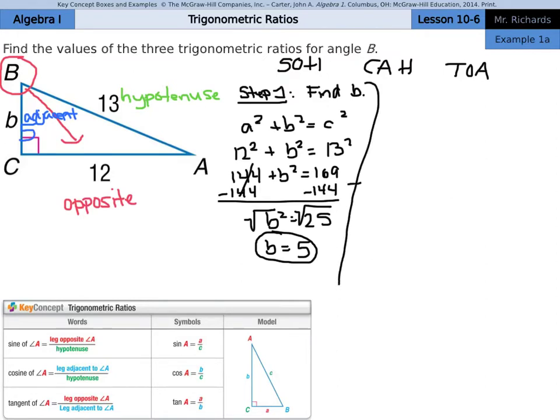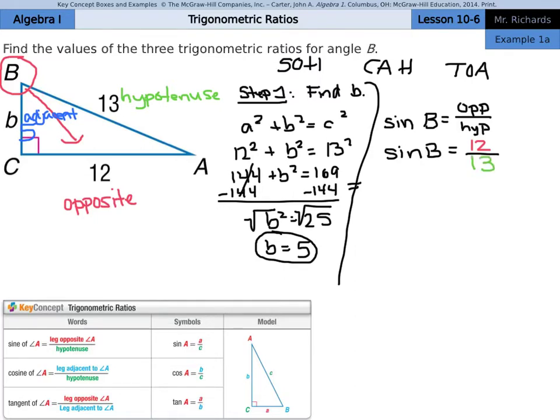Next, we're going to use side lengths to write trigonometric ratios. So the sine of B is the opposite over the hypotenuse. And so sine of B is going to be the opposite side, which is 12, over the hypotenuse side, which is 13.